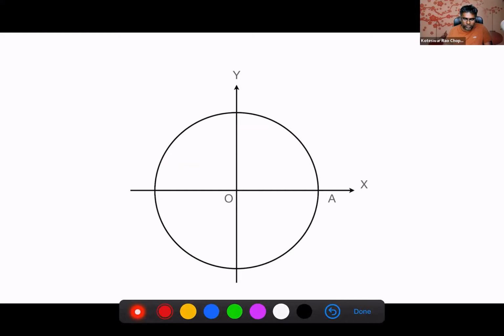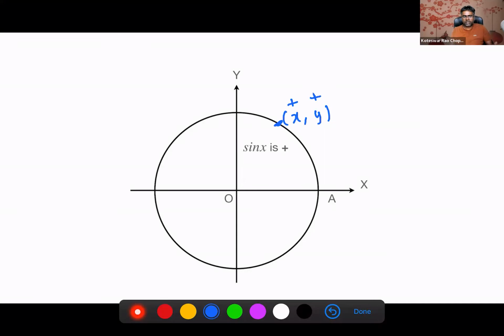Now let's look at this. In the first quadrant, guys, if you take any point, the y coordinate will be positive. Let's say I'll put x comma y. Your y coordinate will be positive, x coordinate will be positive.